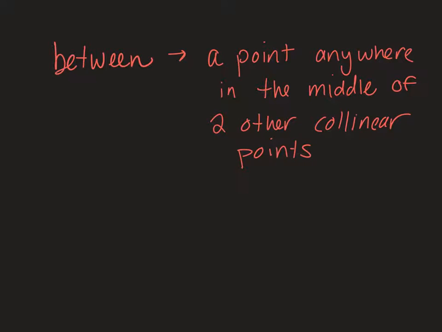Okay, so the next definition is between. So in geometry class, between has a very specific meaning. So let's say we have this line here, and it has points R, P, and S, right?